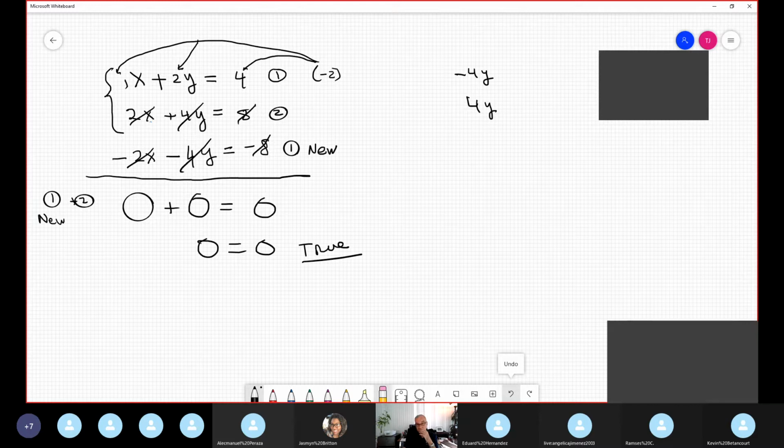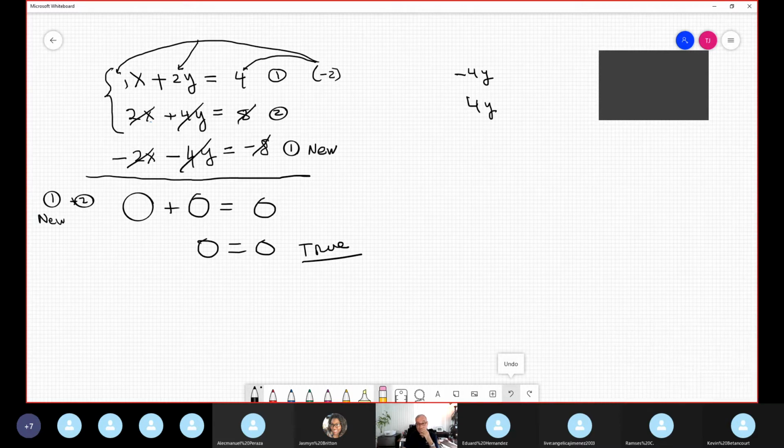Why are you multiplying? Because, Angelica, I want to apply elimination. And in elimination, the key idea is that we need same coefficients and opposite sign. Is this the only possibility to do that? No. Another possibility, Angelica, is, let me see. No, in this case, there is only one possibility.